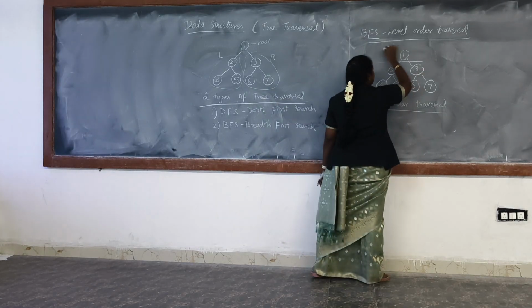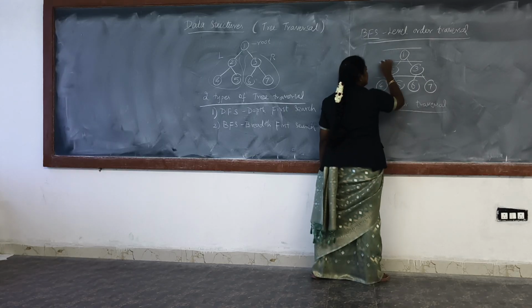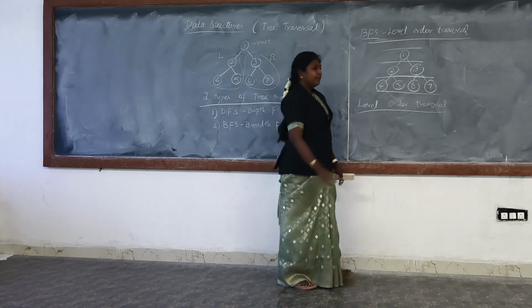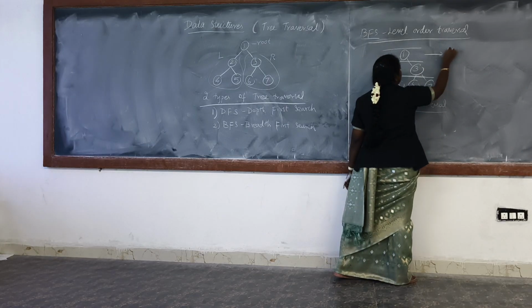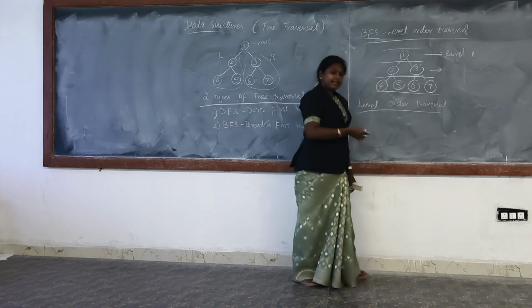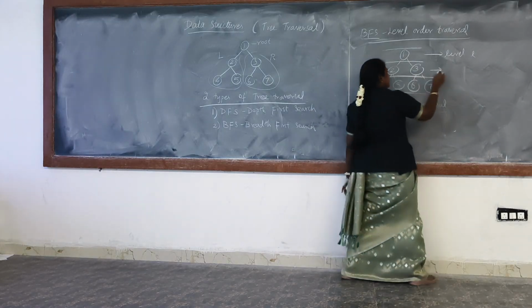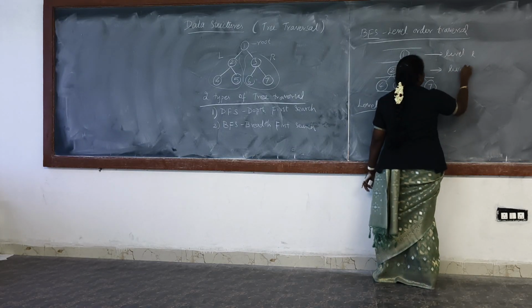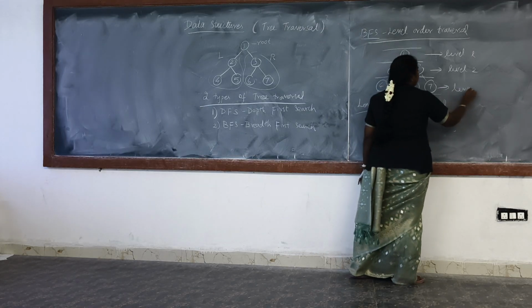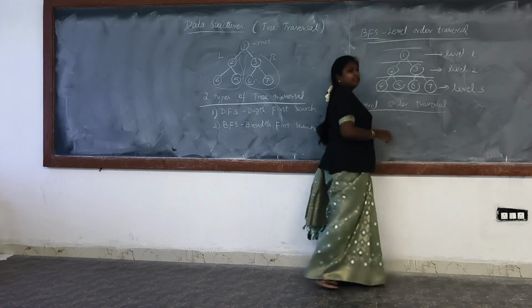So this is a single level, and this is the second level, and this is the third level. So it completes level 1, and then it goes on to the next level and visits the nodes of level 2, and then it moves on to the next level, and it visits all its nodes.